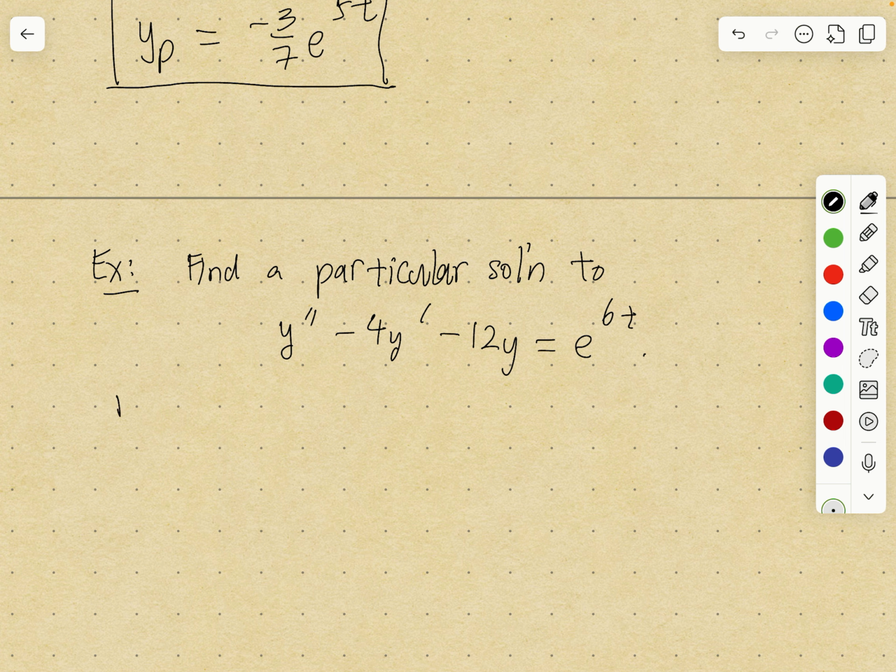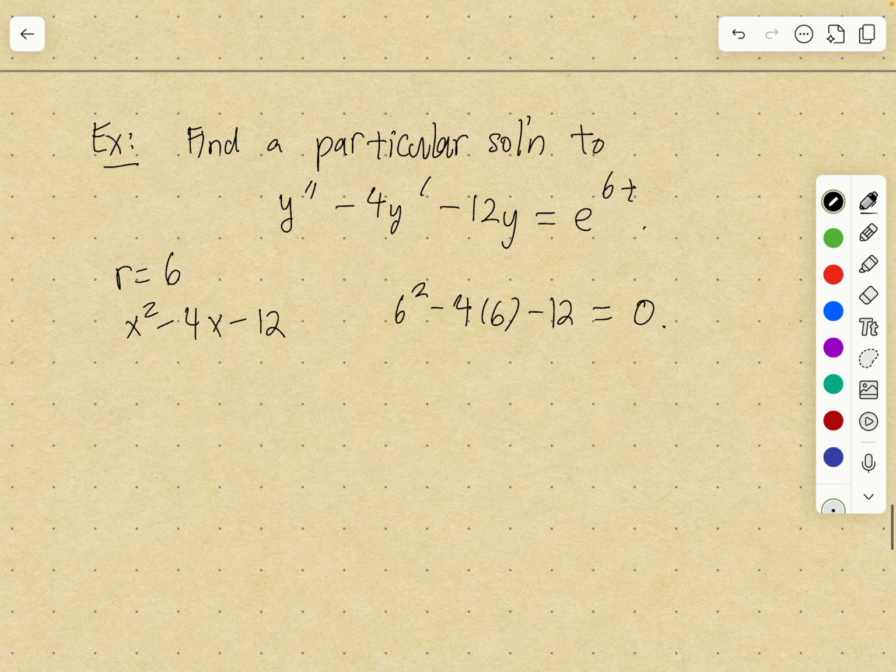Okay, so our r is going to be 6, and our polynomial is x squared minus 4x minus 12. And is 6 a root of this equation? Well, when you plug in 6, you get 6 squared minus 4 times 6 minus 12. And this is 36 minus 24 minus 12, and that is in fact 0. So r is a root.